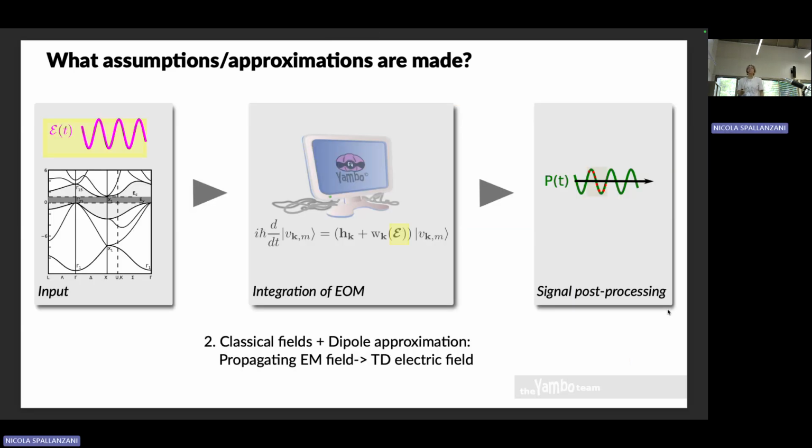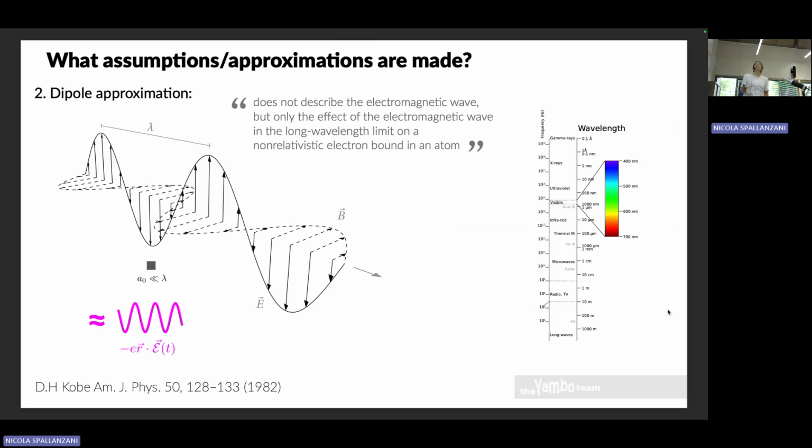Another assumption is that we are using classical fields. So we are semi-classical because we have quantum electrons, but the fields are treated classically. And then we use the dipole approximation, which you could have guessed from the fact that here I have just the electric field depending on time. In electromagnetism, you have propagating electric fields.